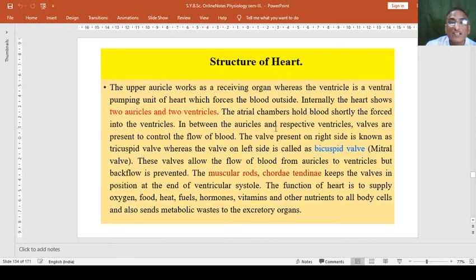In between the auricles and the respective ventricles, valves are present to control the flow of blood. The valve on the right side is known as the tricuspid valve, whereas the valve on the left side is called the bicuspid valve, or generally the mitral valve. These valves allow the flow of blood from auricle to ventricle, but backflow is prevented.